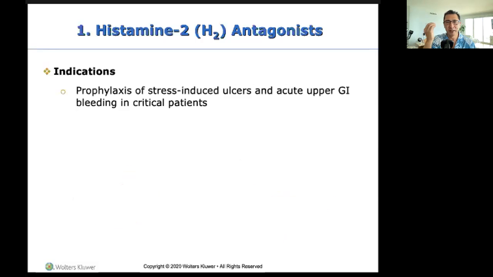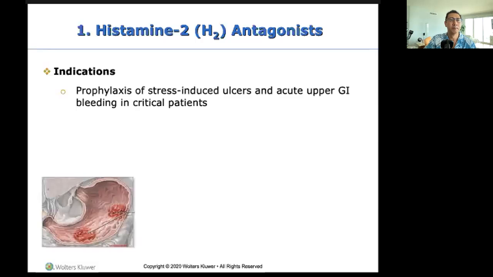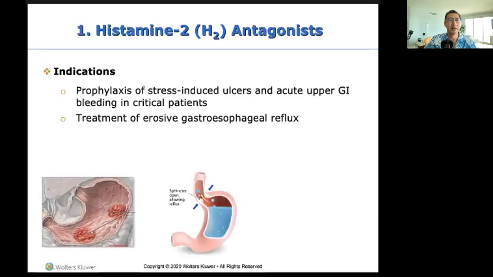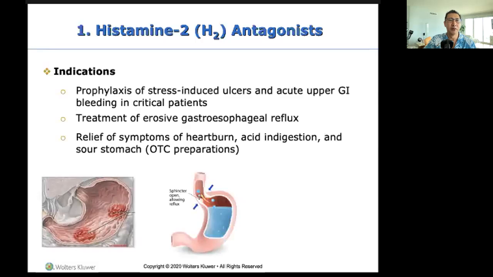Other uses for this are prophylaxis for stress-induced ulcers and upper GI bleeding in critical patients. This is why when we're giving these patients this, it's to prevent stress ulcers while you're here in the hospital. You may or may not be on this when you get discharged. Treatment of gastroesophageal reflux and relief of symptoms of heartburn, acid indigestion, and sour stomach.